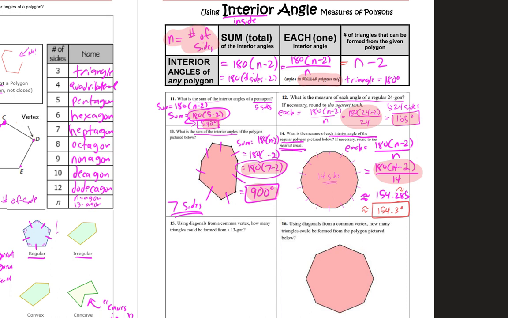So the number of triangles is equal to n minus 2. That's going to be equal to, it says 13 sides, so 13 minus 2. If we put that into our calculator, that's going to give us the answer of 11. So 11 triangles.